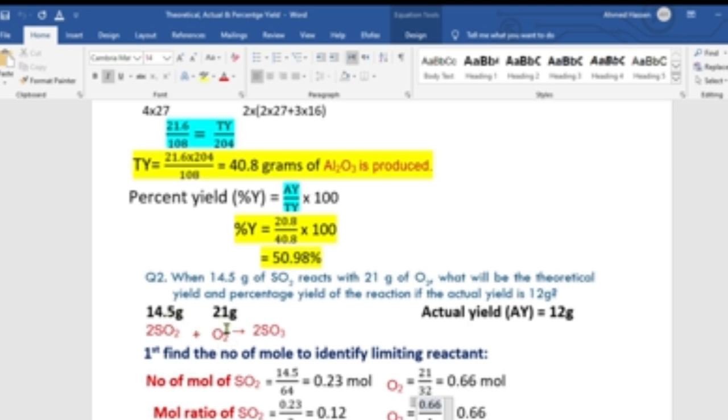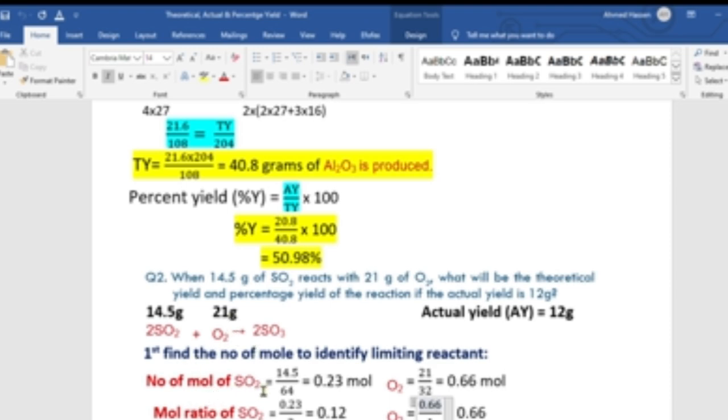After you identify the limiting reactant, you will calculate the theoretical yield of sulfur trioxide, and finally the percentage yield of sulfur trioxide. First step, find the number of moles of these substances to identify which one is the limiting reactant.